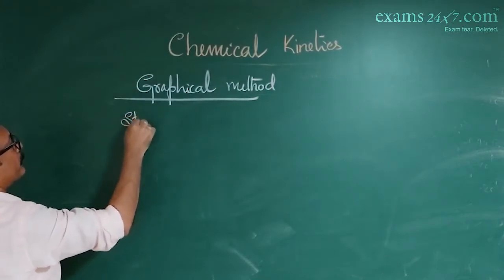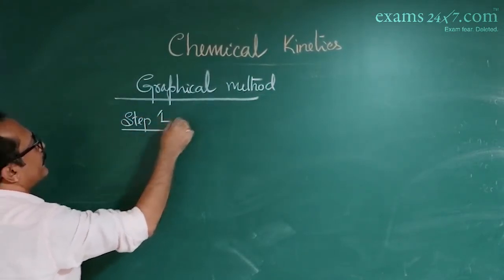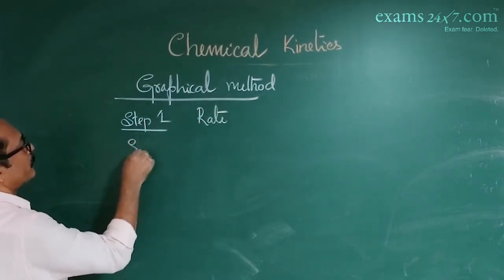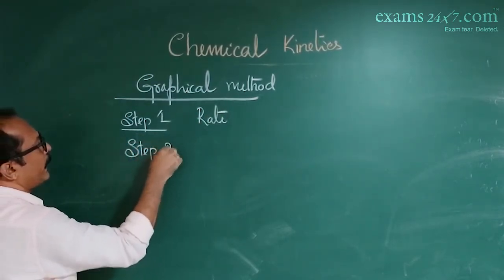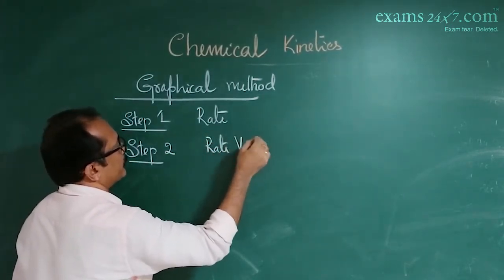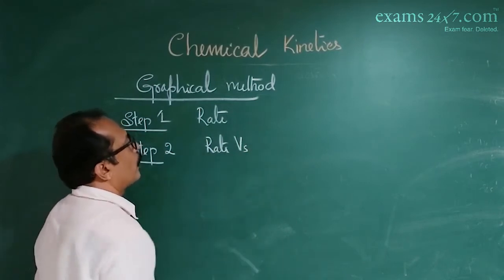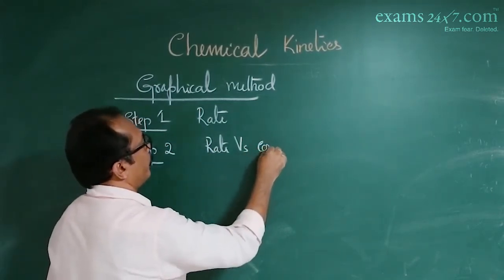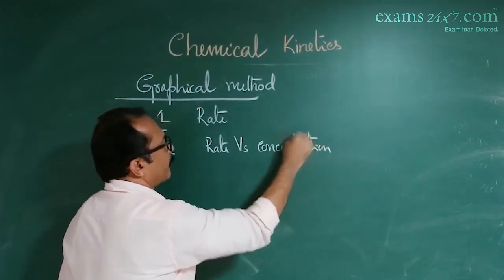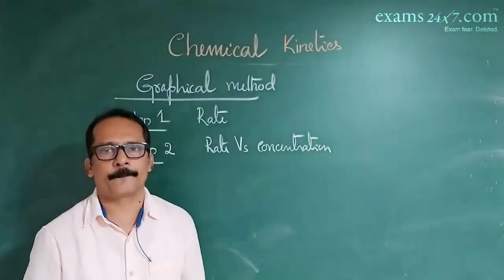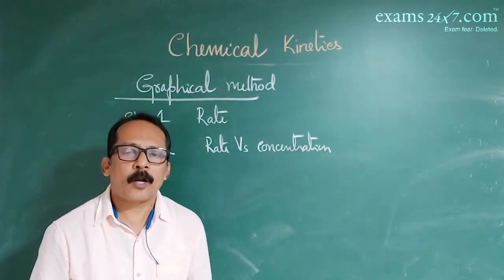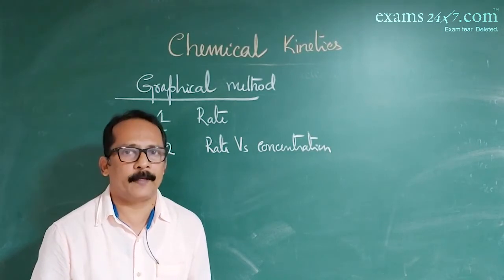Step number one: the rate law or rate of the reaction is determined. Step number two: once you know the rate, a graph is plotted, rate versus molar concentration. When you plot the graph of rate versus molar concentration, if it gives a straight line, that indicates the order of the reaction is equal to the value of n.